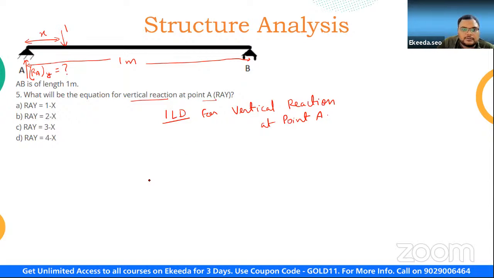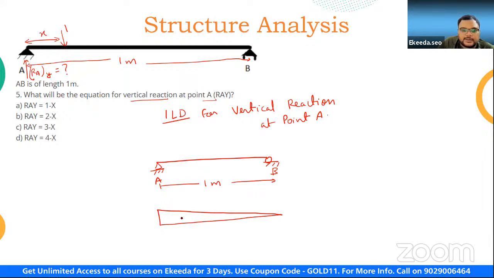So how can I draw it? Let us say that this is the beam. Okay, so this is point A and this is point B, and the length is given as 1 meter.